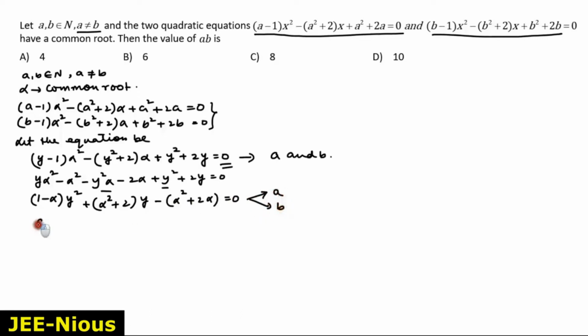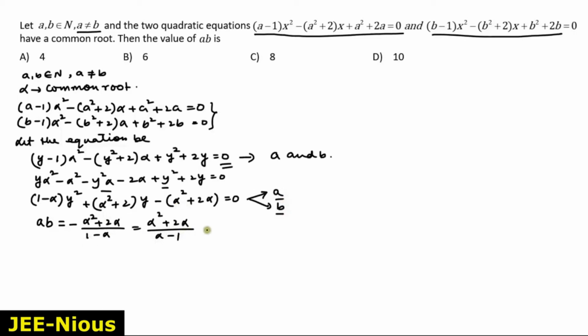So, what will be our ab? That is the product of two roots. It will be (alpha square plus 2 alpha) divided by (1 minus alpha). So, we can write this as (alpha square plus 2 alpha) divided by (alpha minus 1). Since a and b are the two roots of this equation, the product of the two roots will be c by a.